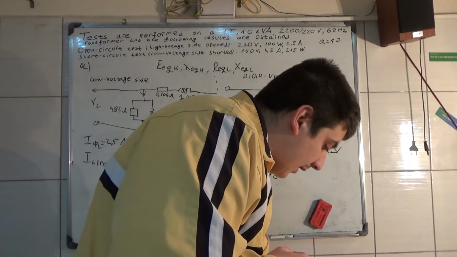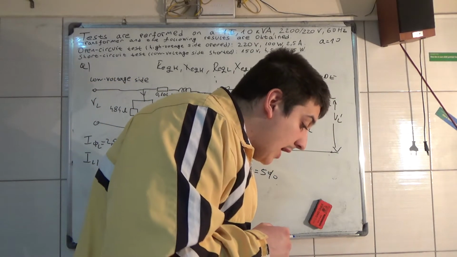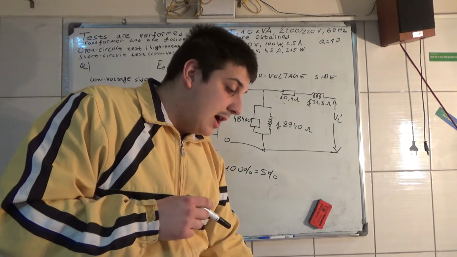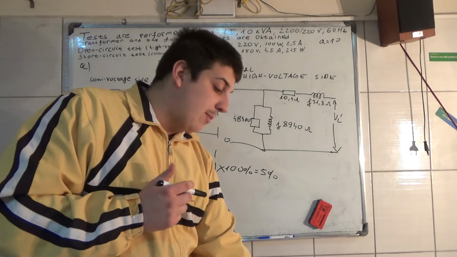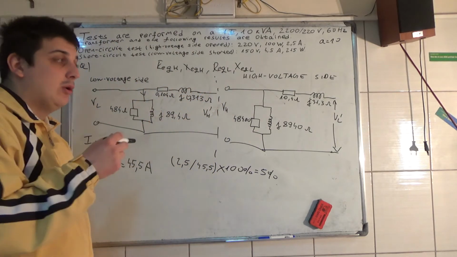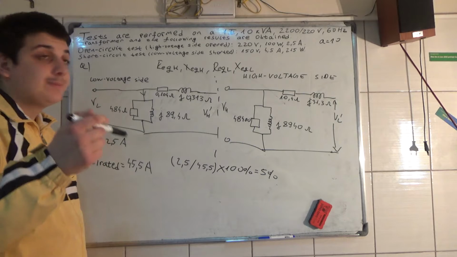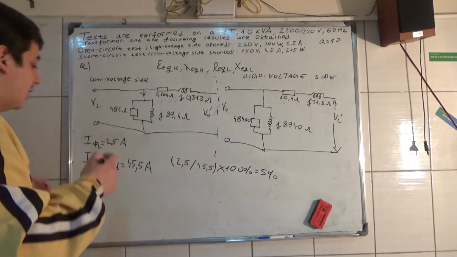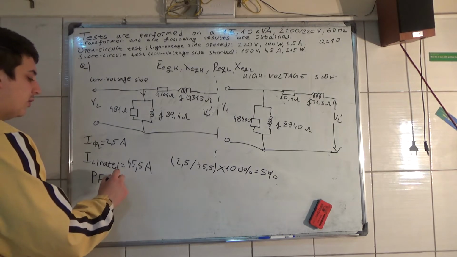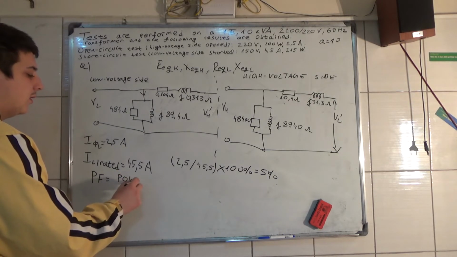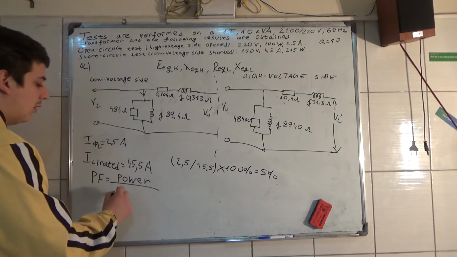Now, what do we have to calculate? Oh yeah, we have to calculate the power factors of the no load test and the short circuit test. So you know that the power factor is equal to the power divided by volt ampere.